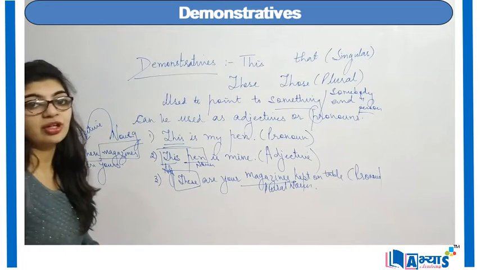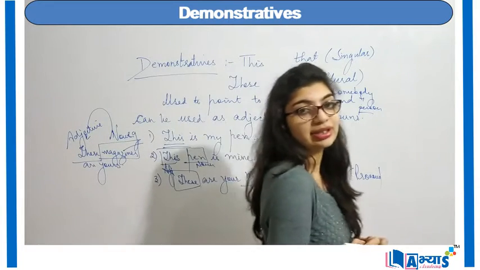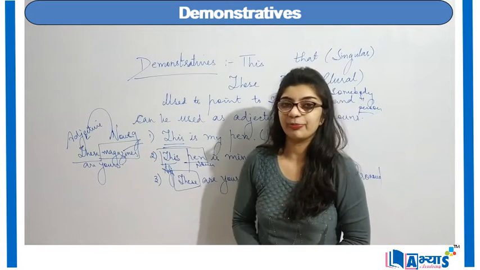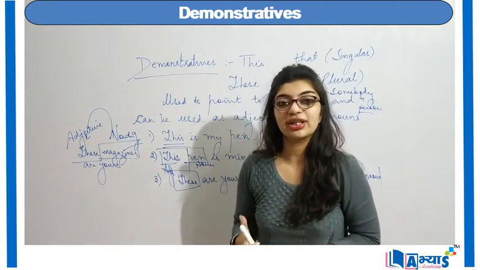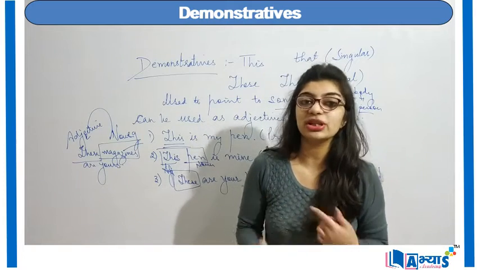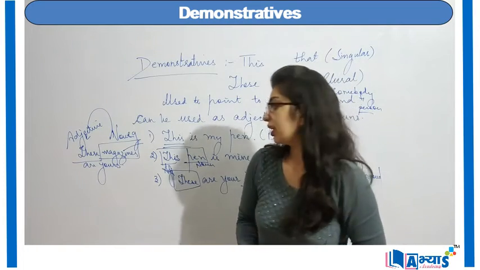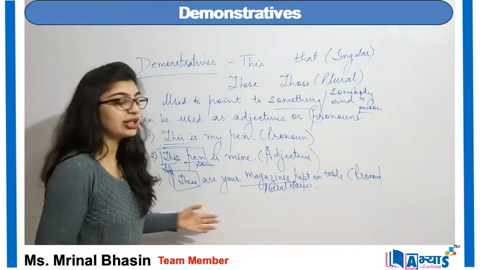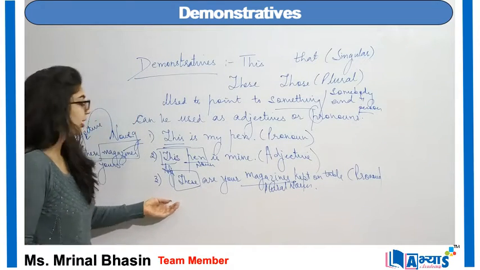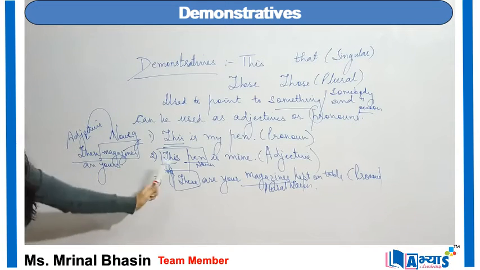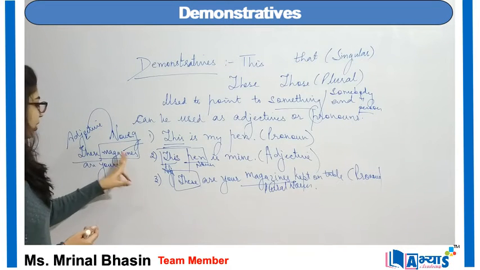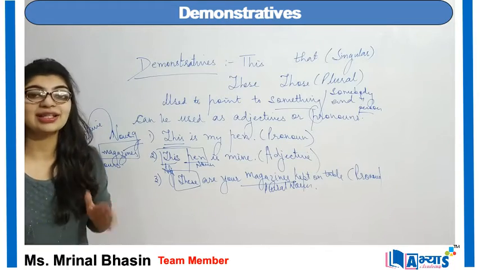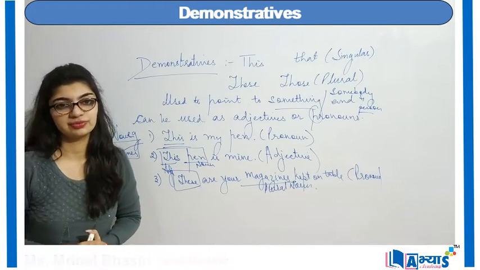So even if the meaning is the same, that does not mean that the demonstratives will be the same. The meaning of the demonstrative changes when the formation of the sentence changes. Here my sentence formed is these are your magazines. Here these will act as a pronoun. But when I say these magazines are yours, with a noun, if I am using a demonstrative, then that demonstrative acts as an adjective.